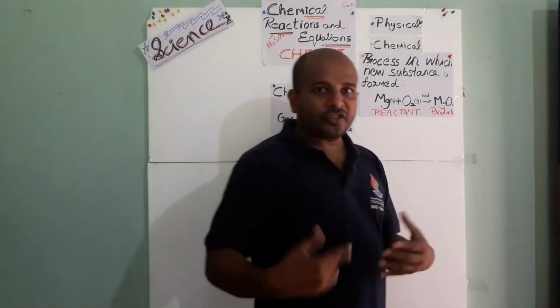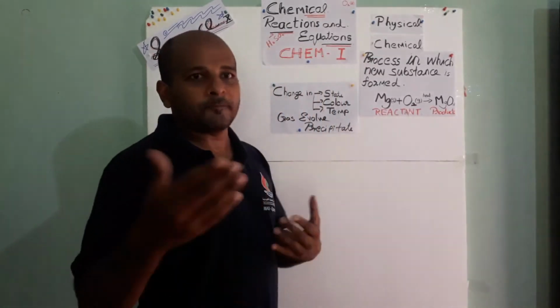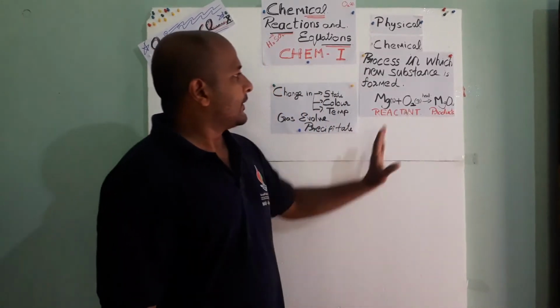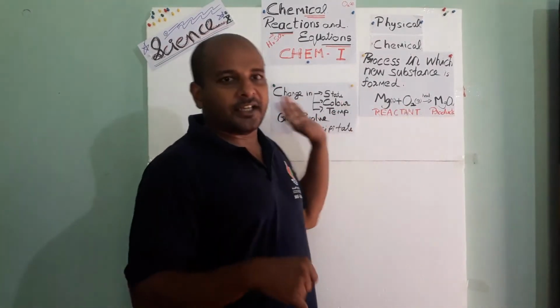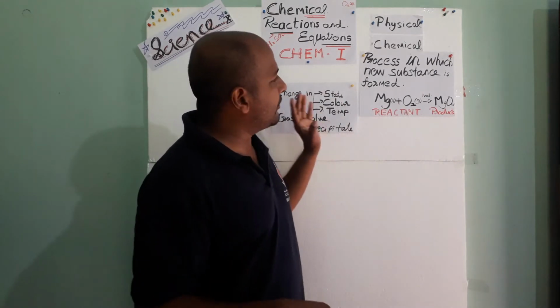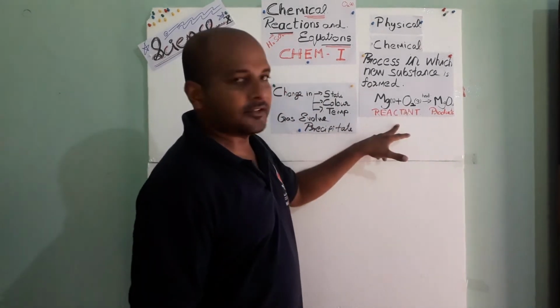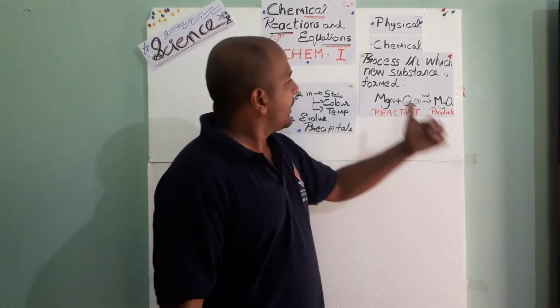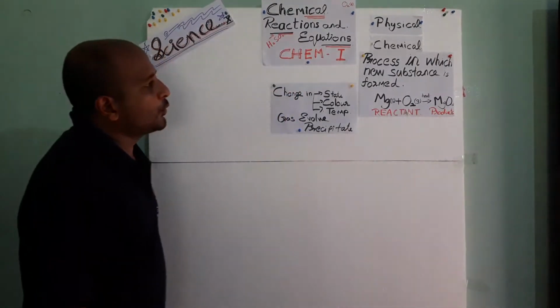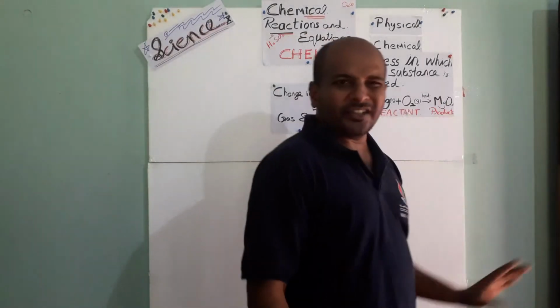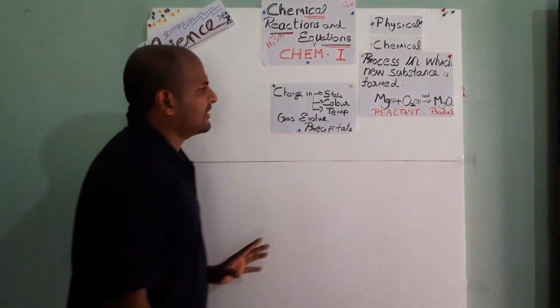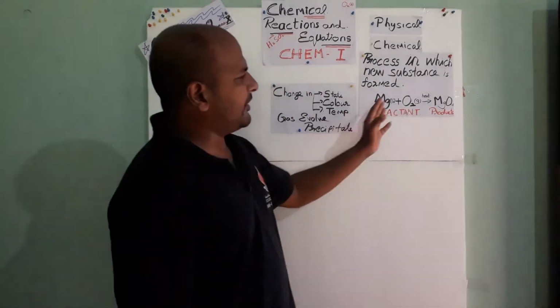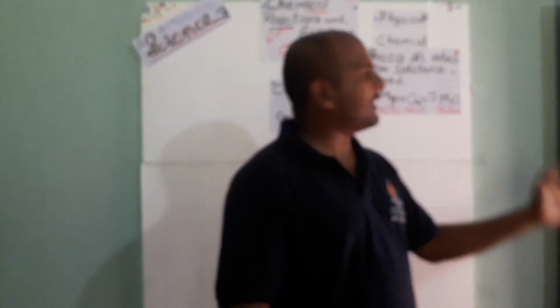Anyway, I will post the notes in that WhatsApp group. You can directly write it from there. So, left hand side, every time, what is it? Reactants. Right hand side, products. In this case, Mg plus O2 gives MgO. It's a simple chemical reaction in which magnesium is reacting with oxygen in the presence of heat and gives us magnesium oxide.